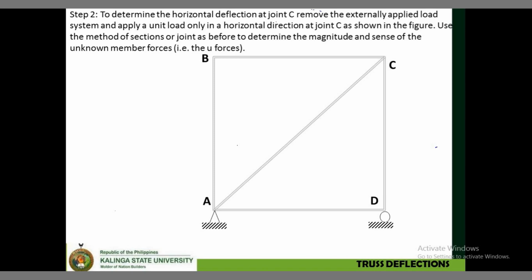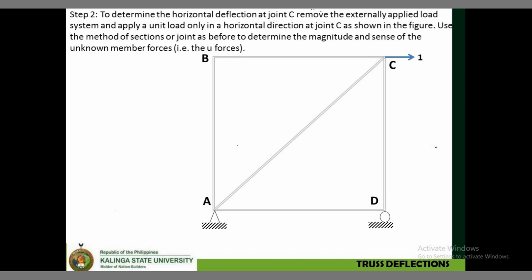Diba sa problem na to kasi, you are required to determine the horizontal displacement at joint C. Since yun ang required sa problem na to, horizontal displacement, so yung unit load na 1, ilalagay natin kay point C, pero in a horizontal direction. Kasi yun yung hinahanap ng problem.